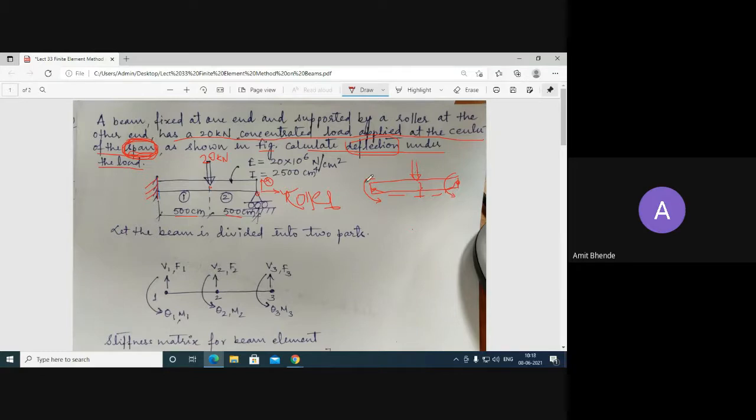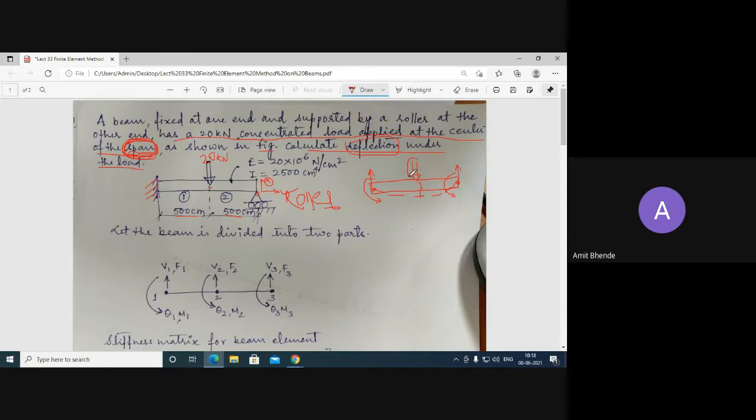And a force multiplied by distance is what? Moment, or you can say a torque. So torque is applied at this end as well as at this end. Similarly, a vertical force is also applied in this end.